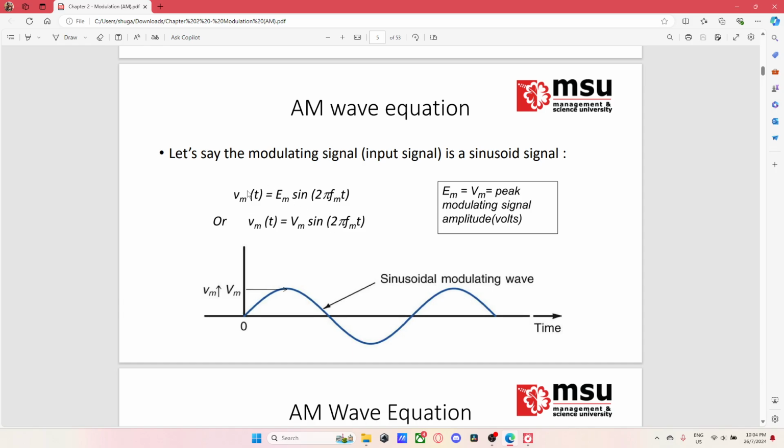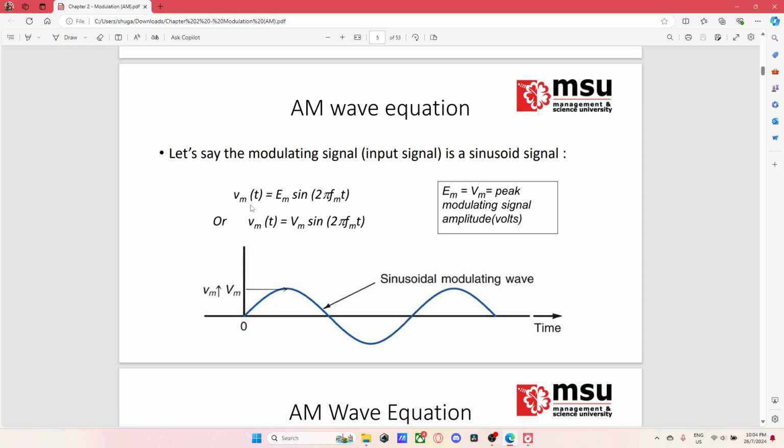In this equation, you see there are two different equations, but actually EM is equal to VM. The question might show VM equal to something or EM equal to something, but both of these are the same.